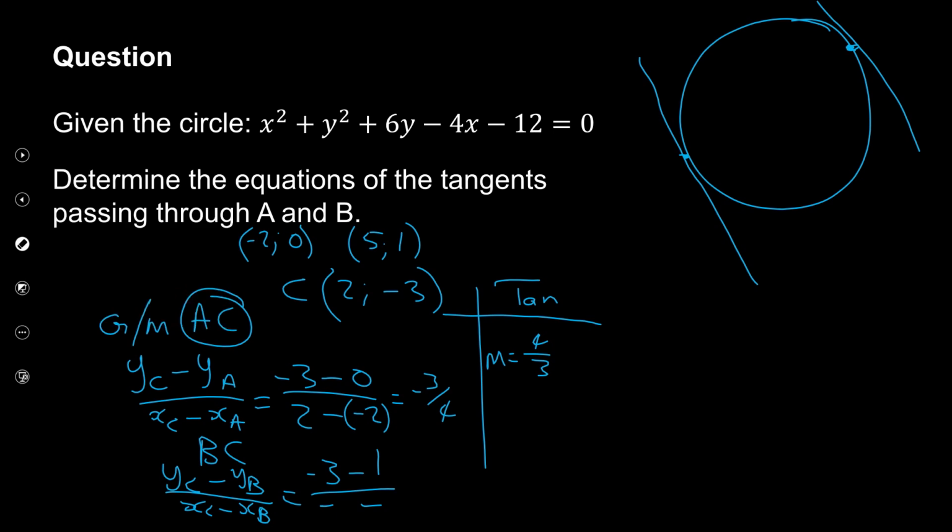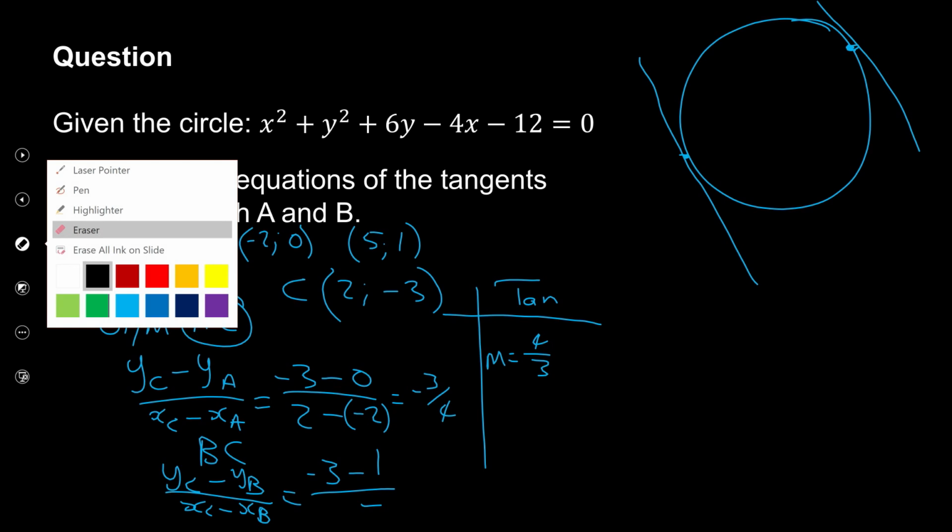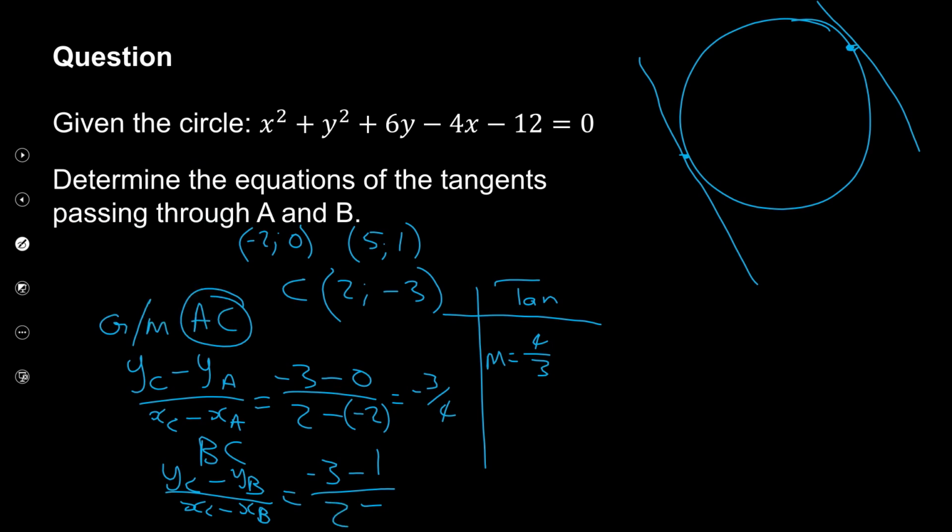So now I'm seeing that I used 2, so why am I having 3? So this will simply be 2 minus the x at B, which will be 5. Sorry about that. Now it's confusing me as to which one is y and which one is x. You just need to quickly pay attention to that. So this will be minus 4 over minus 3, which is simply the same as 4 over 3.